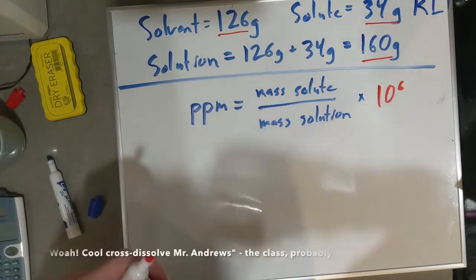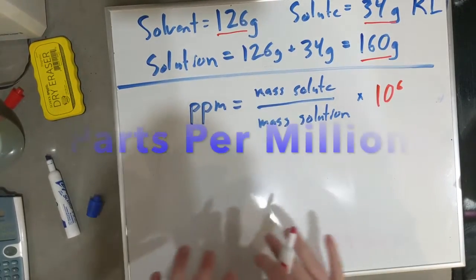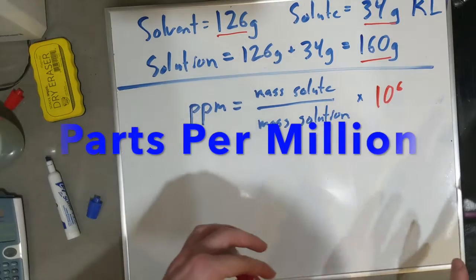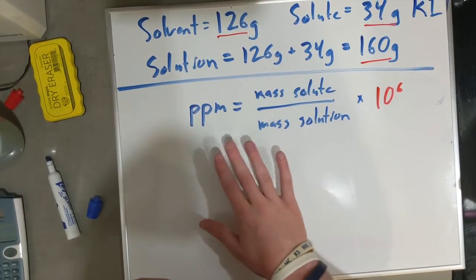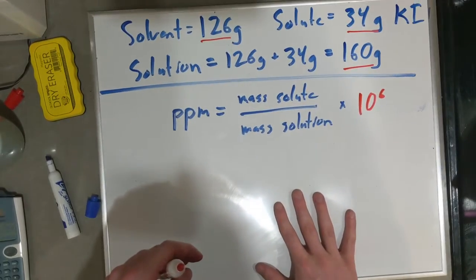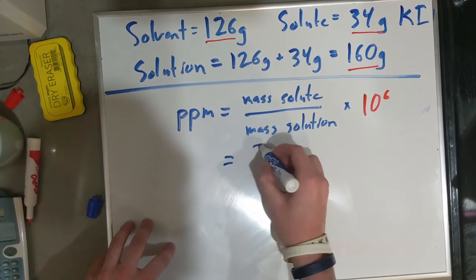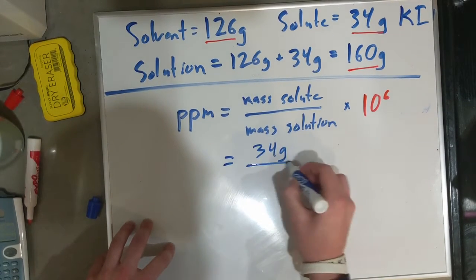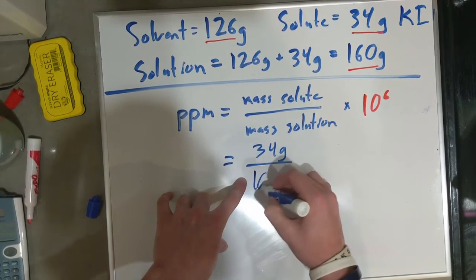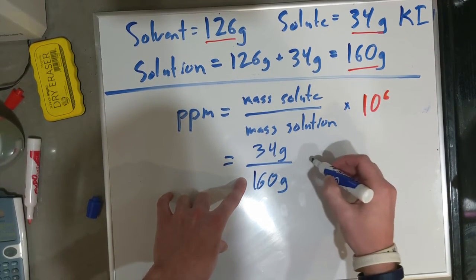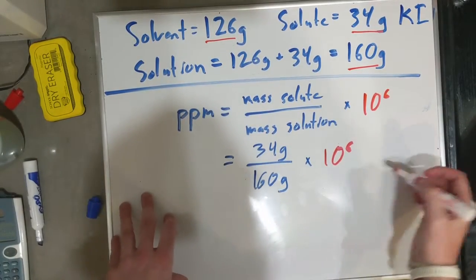All right. So here's our setup for parts per million. It's so similar to percent by mass that I'm just going to make the changes in red. Everything else stays the same. So for our next step, we're just going to plug in 34 grams divided by 160 grams times 10 to the 6th.